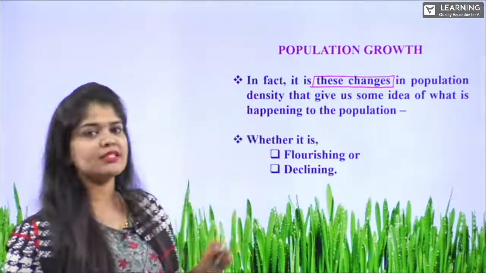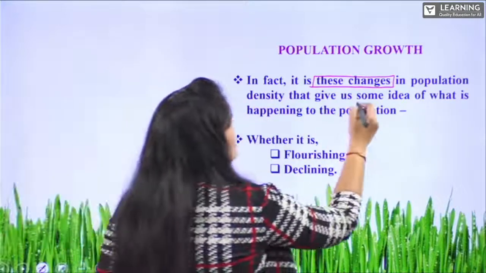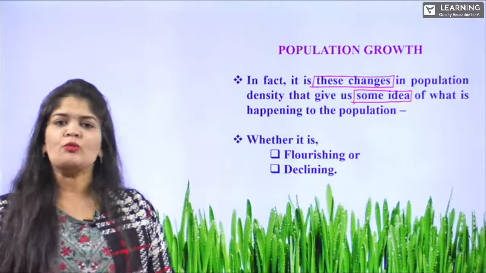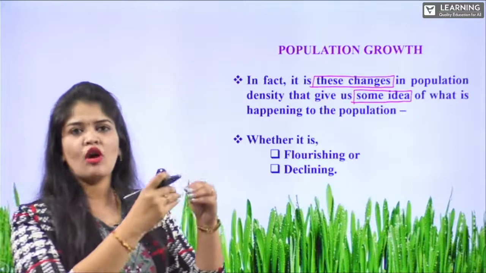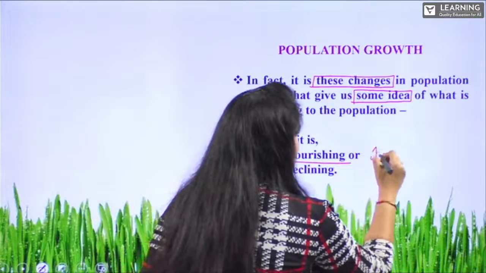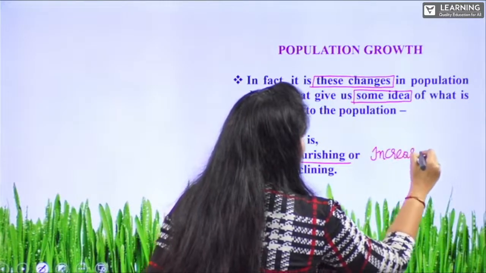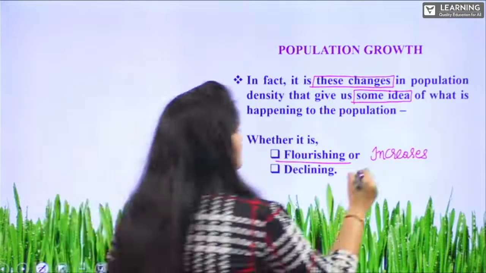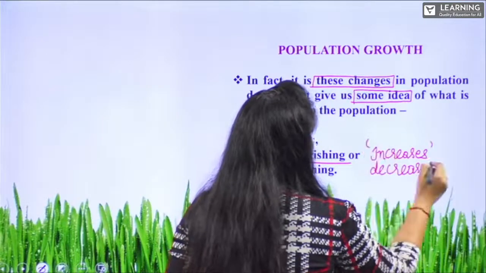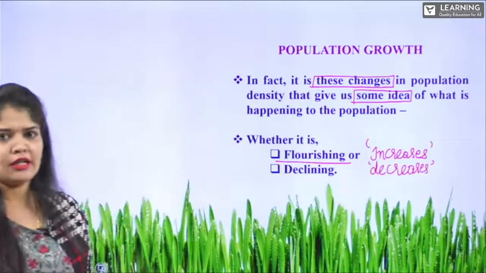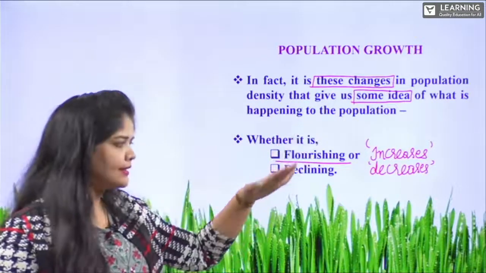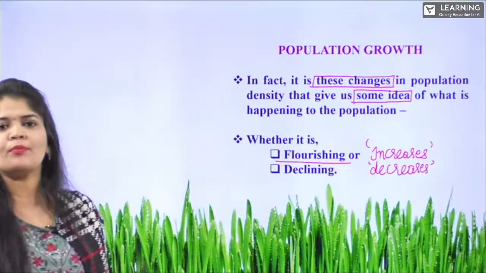And it is these changes in population density that give us an idea of what is happening to the population, whether it is growing or decreasing, increasing or decreasing. Like flourishing, which means increasing the population size, or declining, diminishing, that is decreasing the population size.